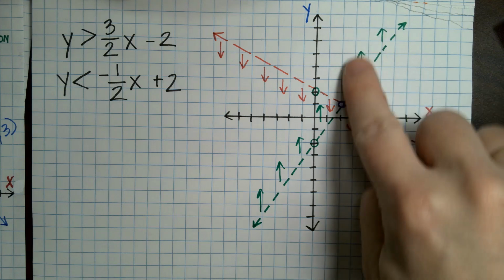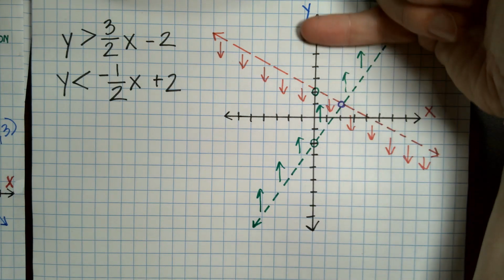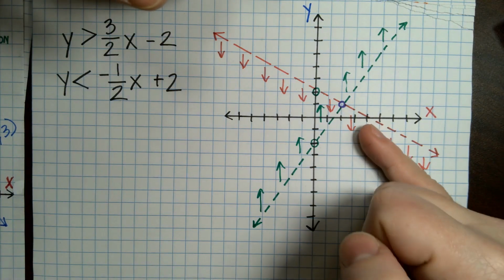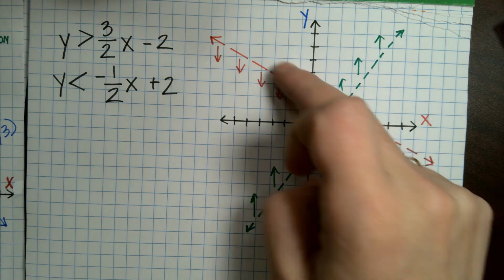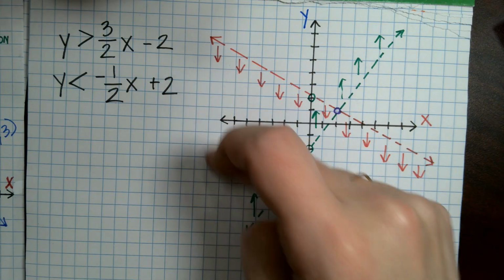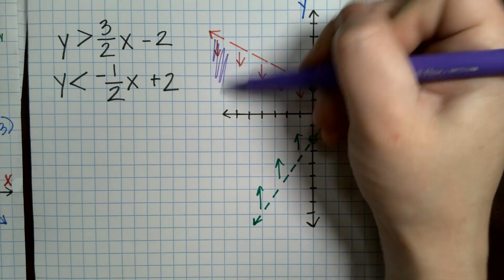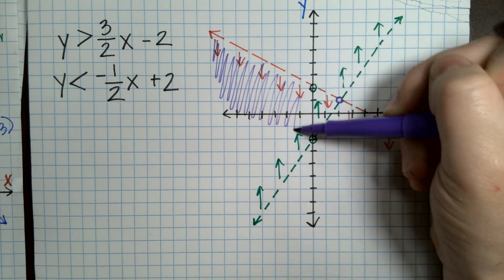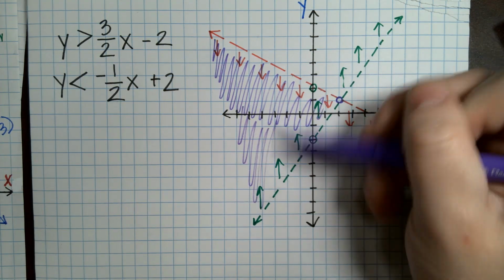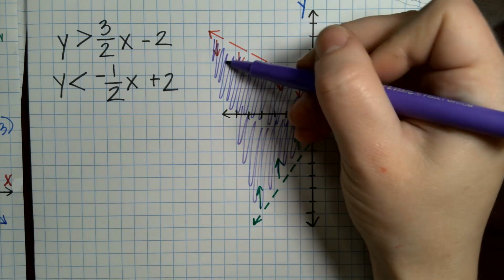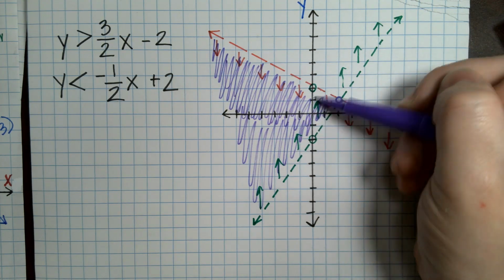Over here, I'm not going to include this or this because what I'm looking for is just the overlap. So my solution would be this area here. Does that make sense, guys? Yes. Awesome.